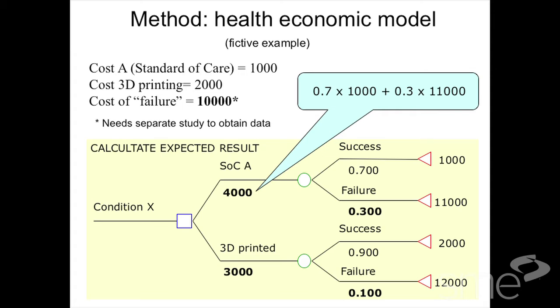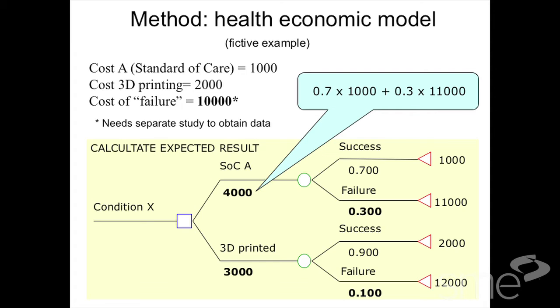Of course, we can have a failure, and for a failure, you always have a cost. In our example, we take 10,000, which is quite a lot, but often complications are quite expensive. Every medical procedure has a success rate and a failure rate. In our example, we have a much lower failure rate with the new 3D printing technology.